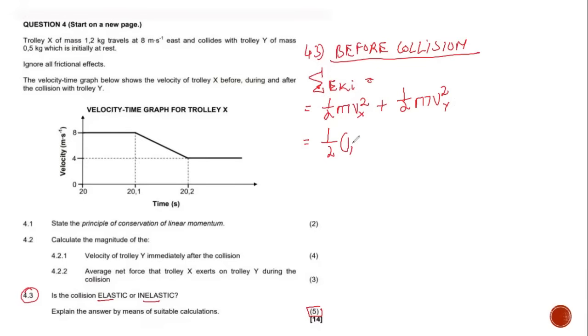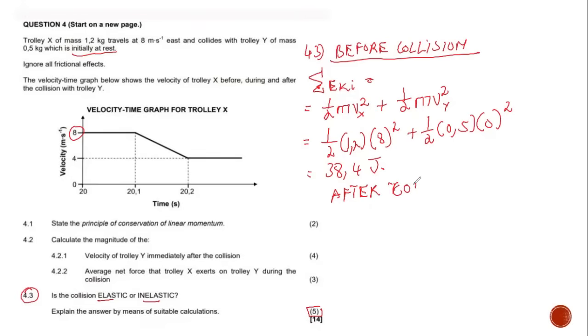Mass 1.2 and then initial velocity of Trolley X is the 8 right there. And then plus half, I have 0.5 here. And then initially this was 0, right? As they mentioned here, initially at rest. Now, obviously, the whole of this will give me 0. So I'm only going to do this part, 1 over 2, and then 1.2, and then 8 squared, right? So I'm getting 38.4 joules.